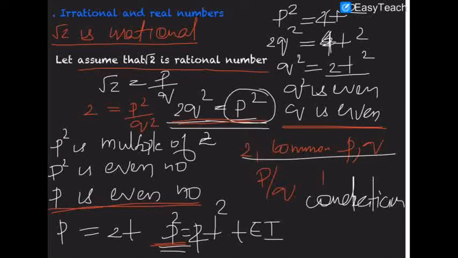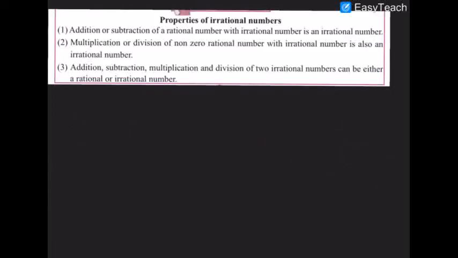It is a contradiction since p and q must have only one common factor, that is 1. So it contradicts here, and our assumption is wrong. That is, root 2 is an irrational number. So we have proved the question.